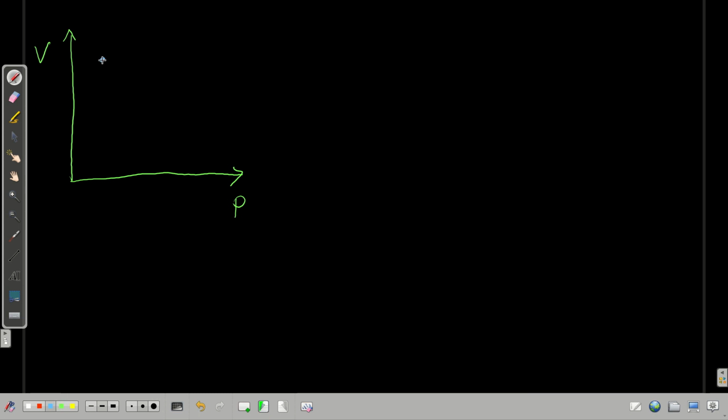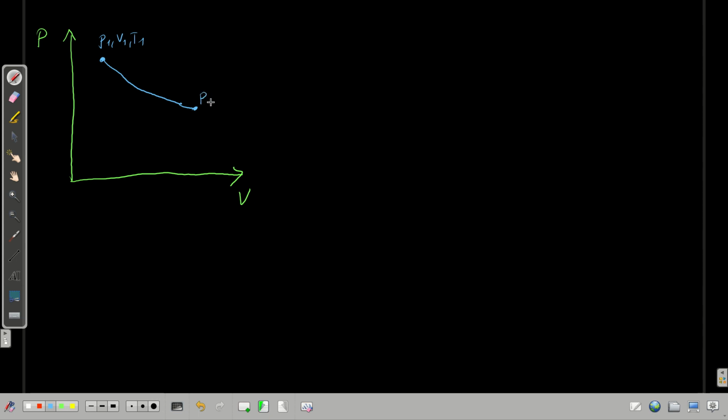Let's say we start here at P1, V1 and T1. And when we have an isothermal and reversible process, we go down. Of course, here it's volume and here it's pressure. Hope I didn't make this error somewhere else before.